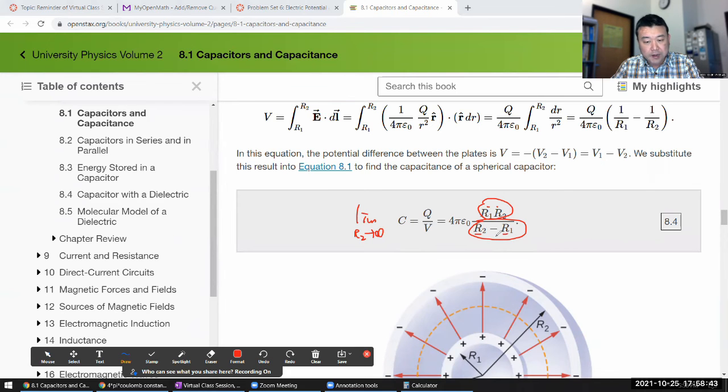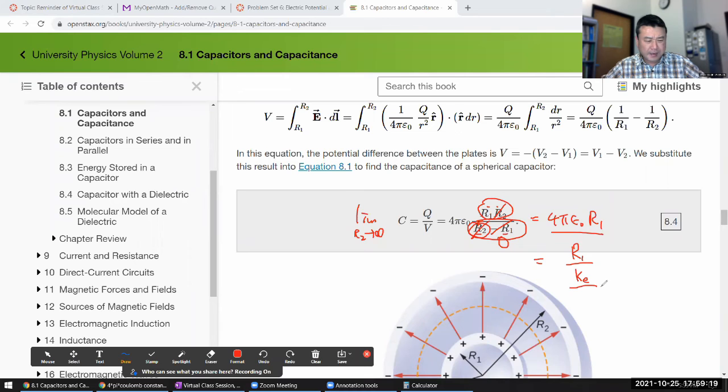In this kind of relationship, as R2 goes to infinity, R1 is basically negligible. It's not important. So I can say this goes to 0, or I can neglect it. Once I've done that, you can see that R2 cancels out here. So you end up with 4 pi epsilon naught R1. And that is the capacitance of a single spherical conductor. Or in terms of the units I'm asking you to consider using, it is R1 divided by the Coulomb constant.